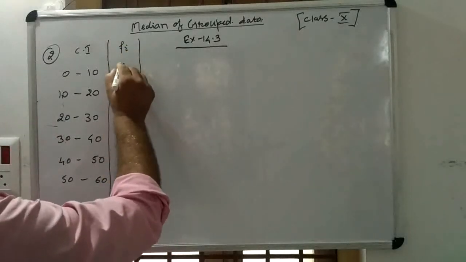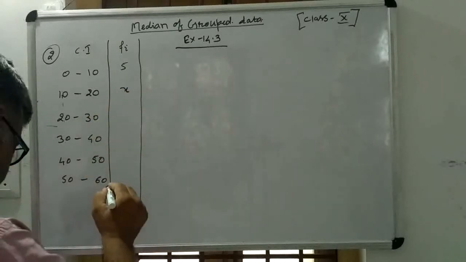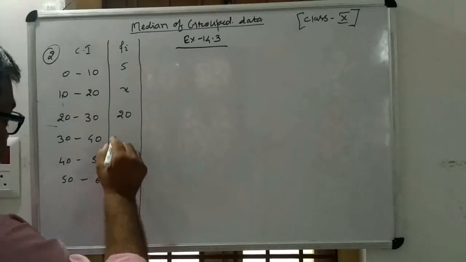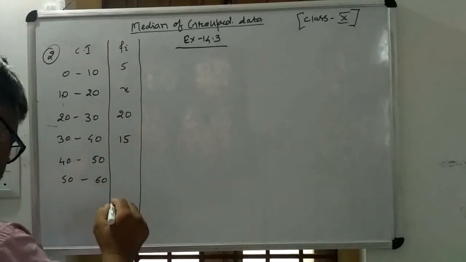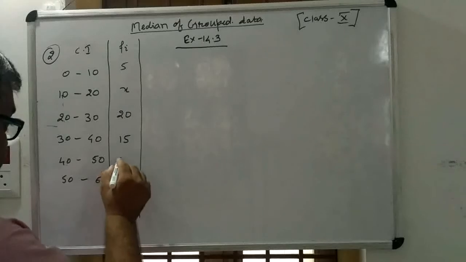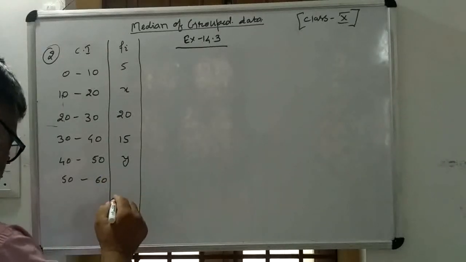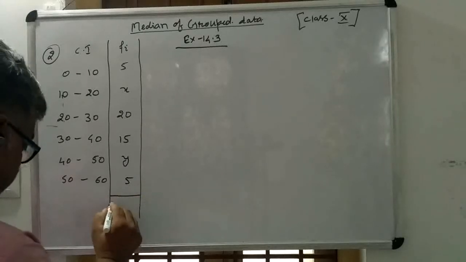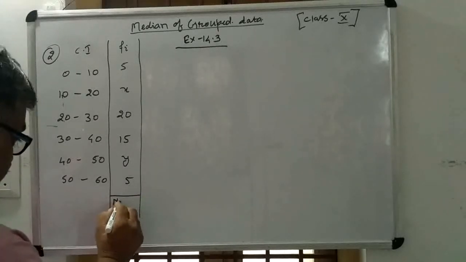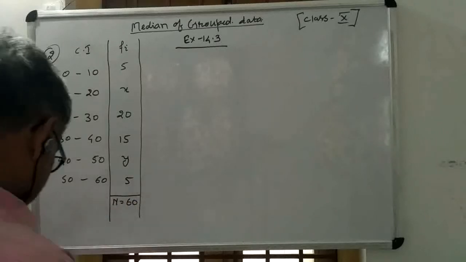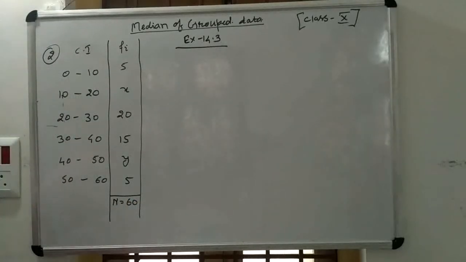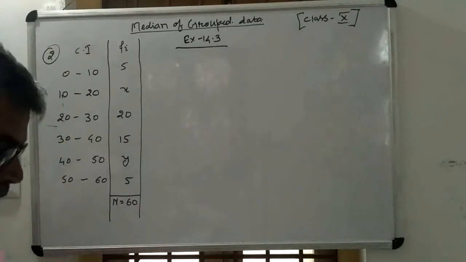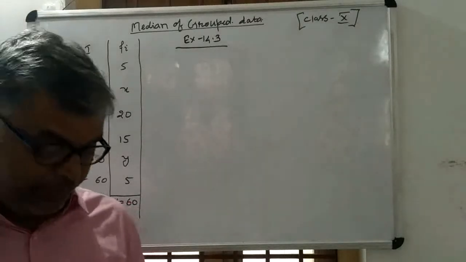The frequencies fi given are 5, x, 20, 15, y, and 5, and here n is equal to 60. In this question, the median is also given, that is 28.5.